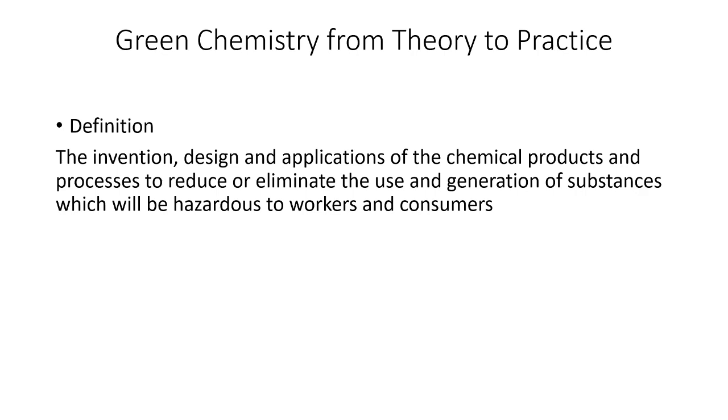Means you have to invent, you have to design, you have to see the applications of chemical products and processes. But what is the purpose of this invention, design and application? It is to reduce or eliminate. Mostly you have to see for elimination. If at all it is not possible, then go for at least reduction. So to reduce or eliminate the use and generation of substances.